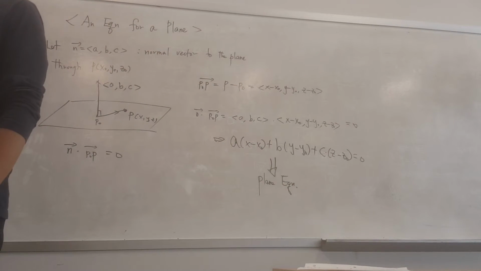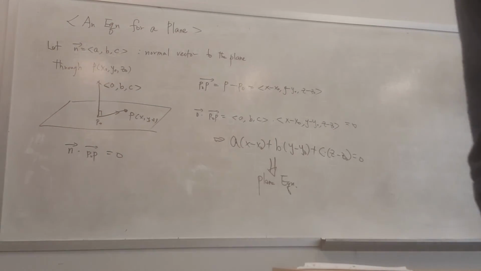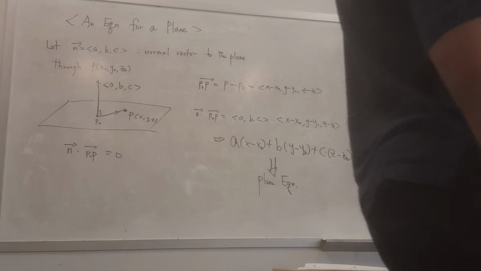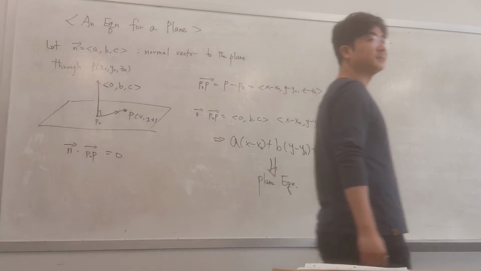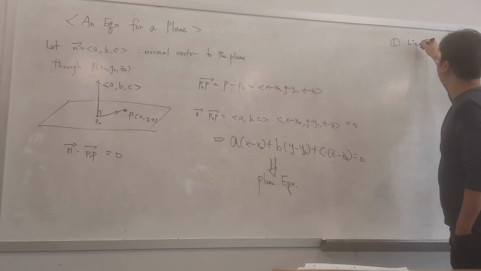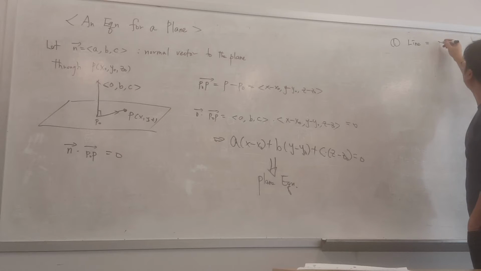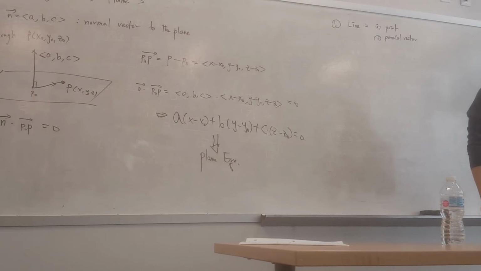So what this says is, if you have a point on the plane, and also if you know the normal vector, then we can define the plane equation. So let me make a difference. You guys learned about the line, right? For the line, we need a first point, and second, we need a parallel vector to define the line equation, right?